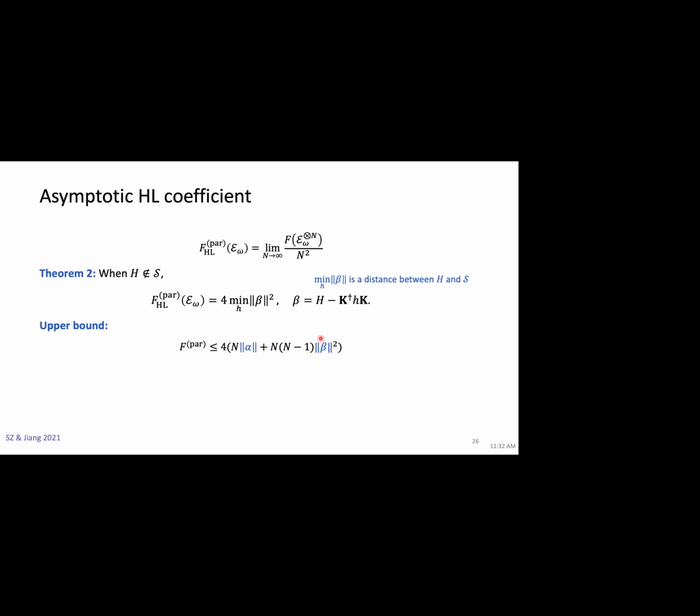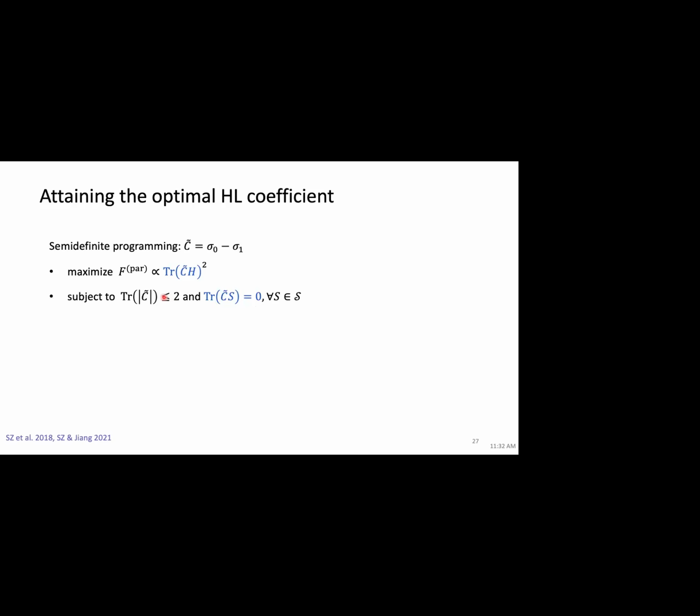So what is left to be proven is how to attain this quantity asymptotically, and that again uses the QEC protocol I mentioned on the previous slide. In that case, the coefficient of the Fisher information is going to be proportional to the trace of this quantity times H squared.